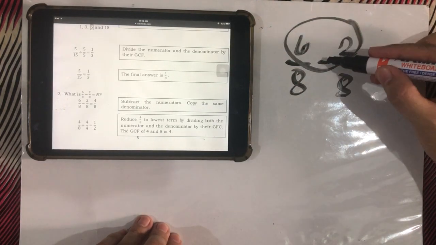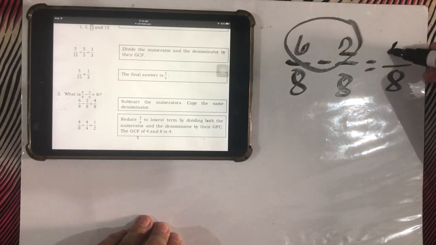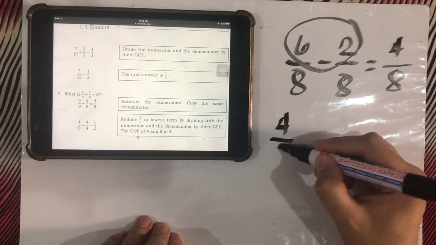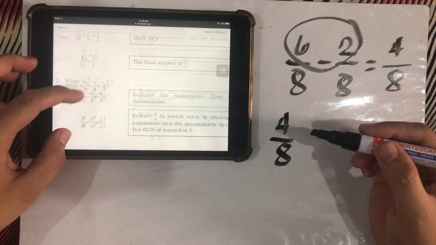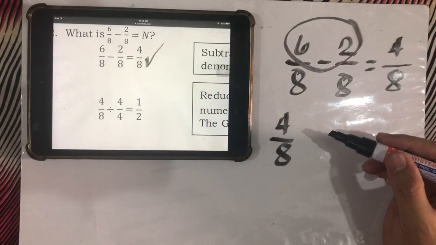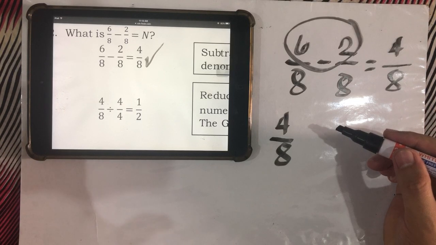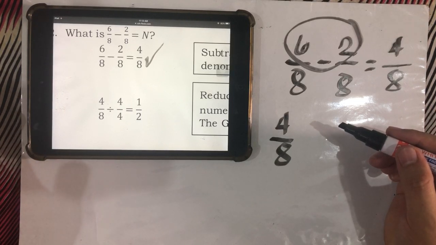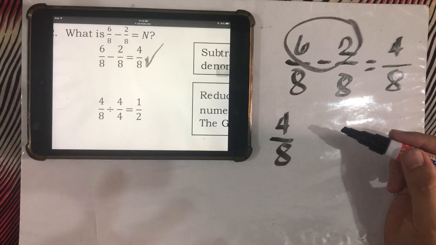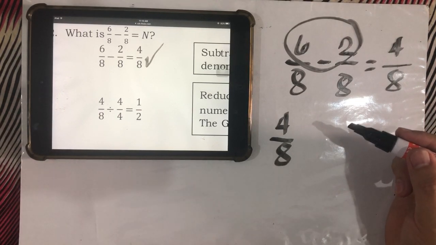So, 6 minus 2, you have 4. So, the answer mo is 4/8, di ba? Ito yun. 4/8. Kaya lang, sabi nga, merong tayong sinasabi palagi na always reduce your answer in lowest term. So, paano yun? Hanapin mo yung GCF.